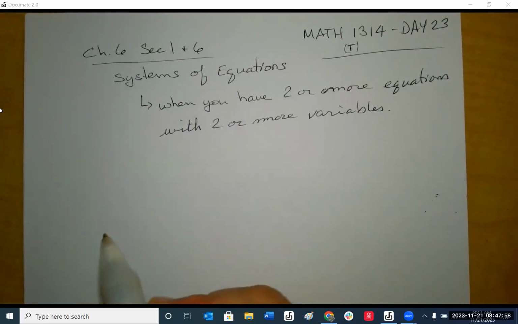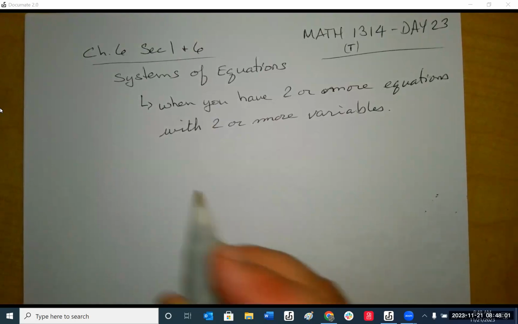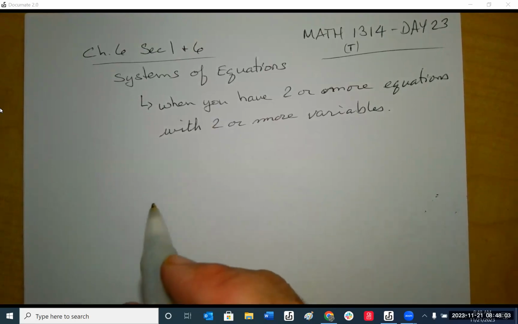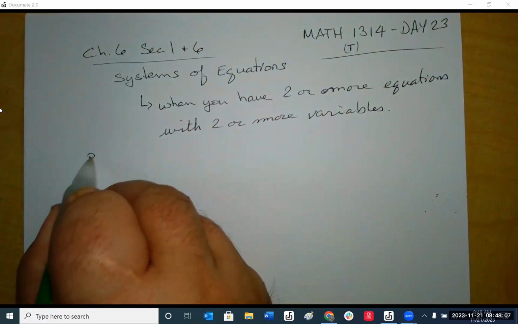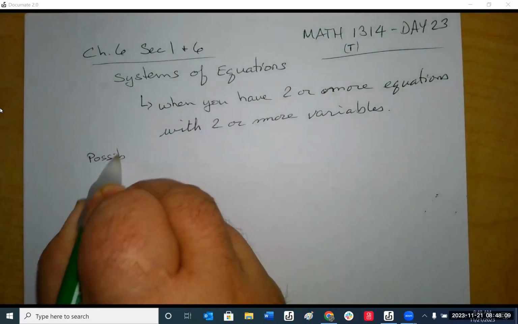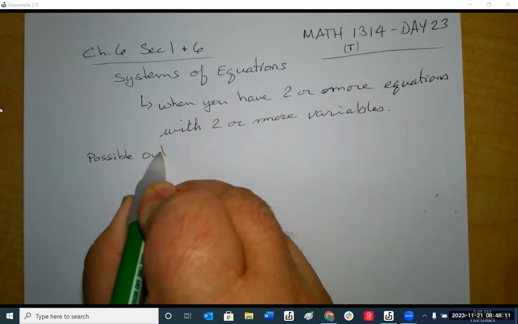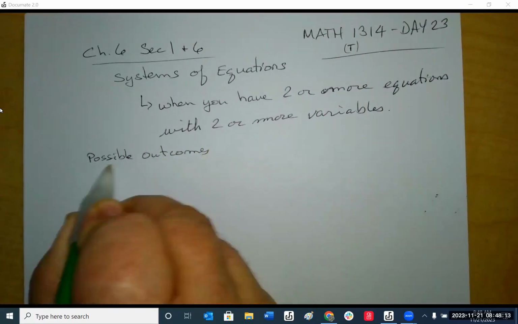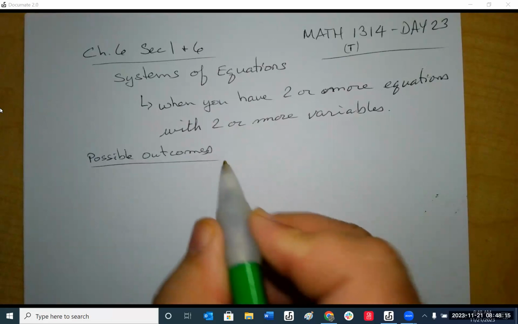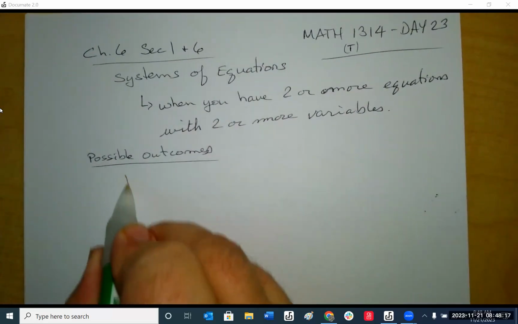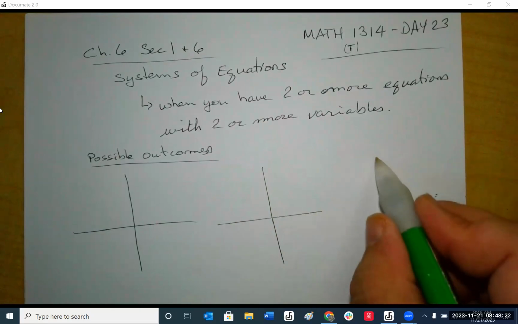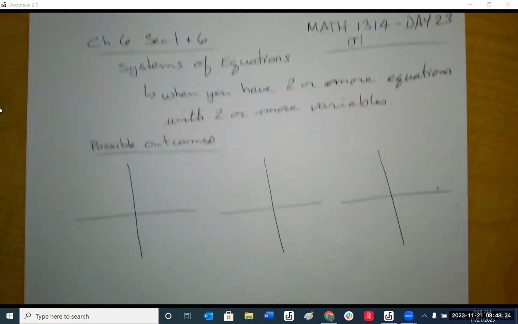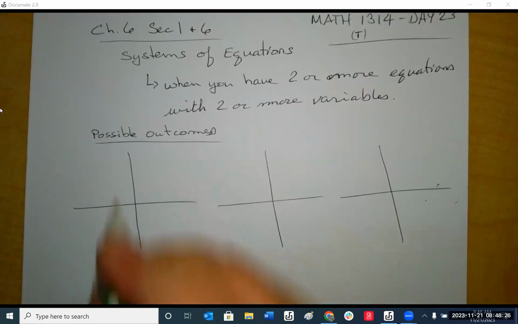So whenever we have two or more variables or two equations, we have certain possibilities that can occur. Possible outcomes. We really have three when we count the number of solutions.